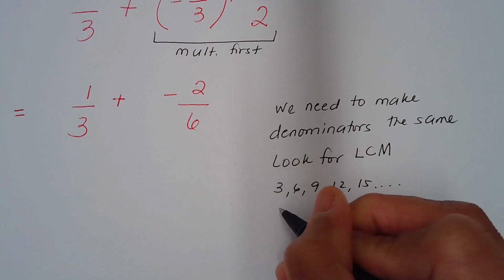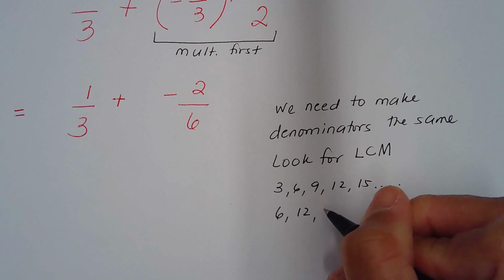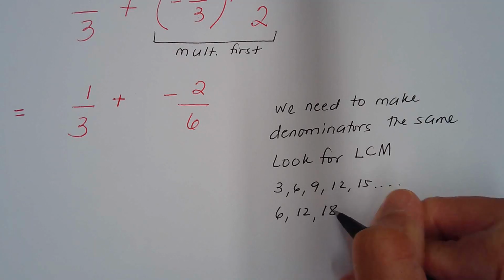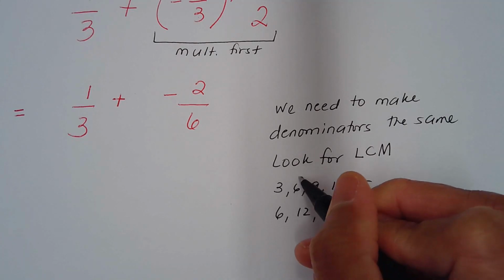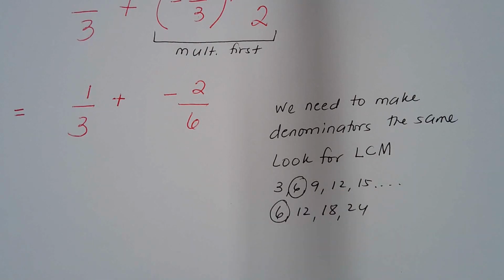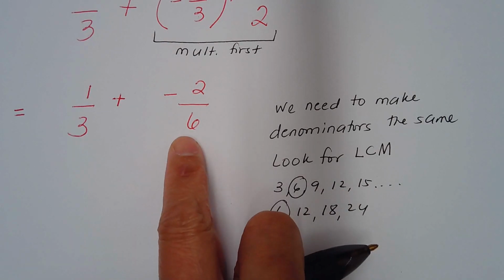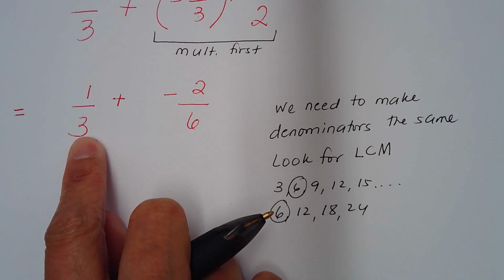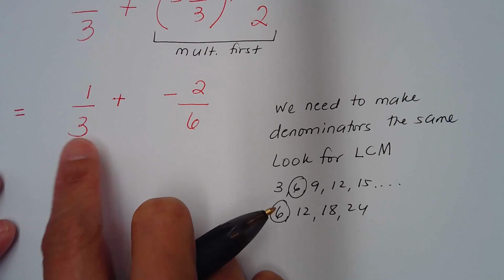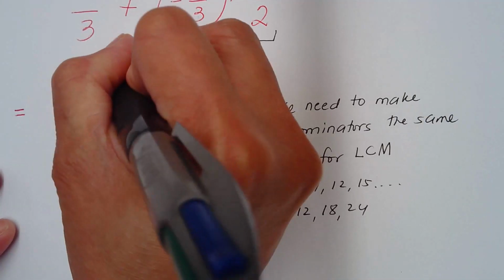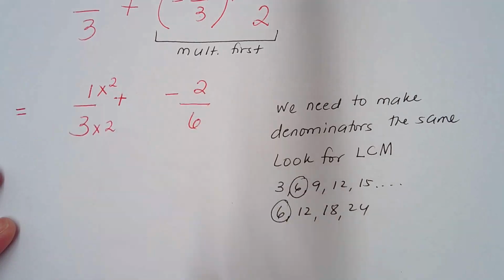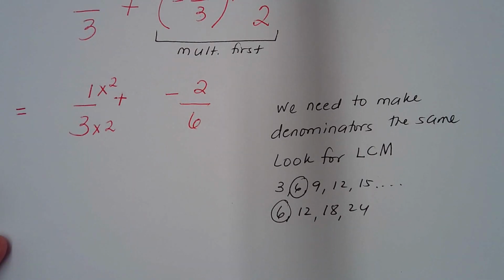And then the other one is 6, 12, 18, 24. Lowest common, 6. Okay. Well, this one is already 6. This one is not 6. So how do we make this 6? Multiply by 2 and 2.